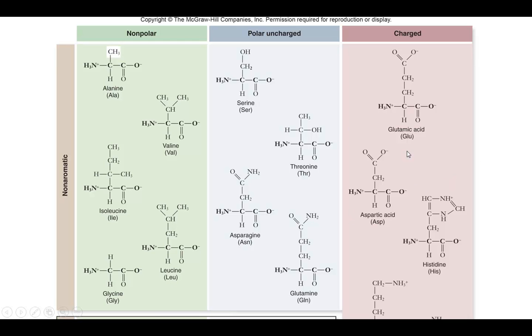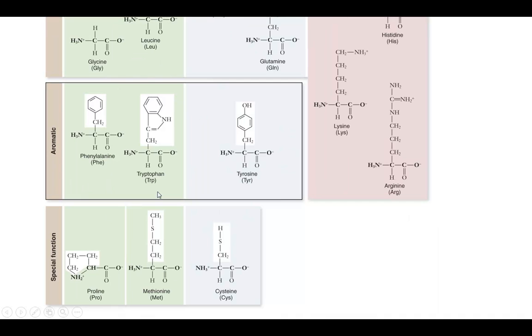There are some that are acidic or charged. There are also some that have certain structures off of them. This is called a benzene ring, which is just a bunch of carbons that are double and singly bonded together. And there are some with a special function like methionine, which helps identify the start of a protein.